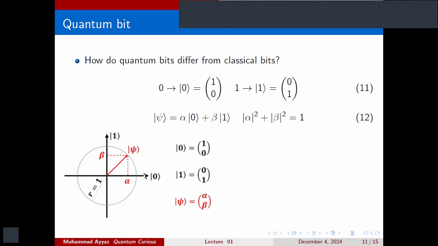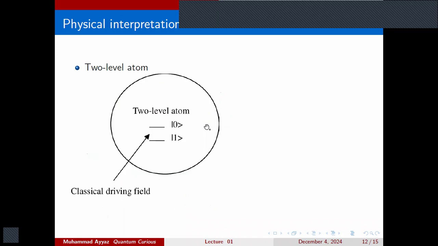And similarly, if beta is equal to 0 and alpha is equal to 1, we could predict that the state vector is in the 0 state. But if they have half probability or half amplitude, we cannot predict the outcome of the state vector after the measurement. So this is the concept of the qubit.